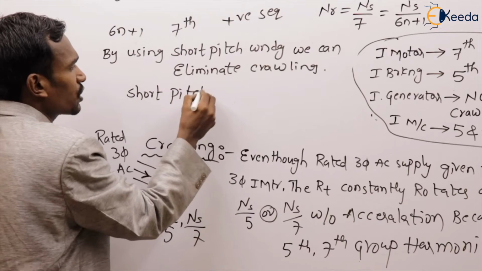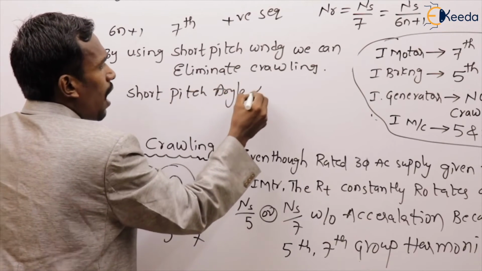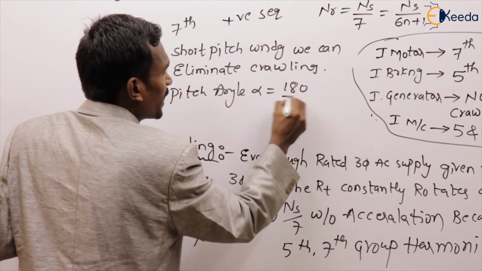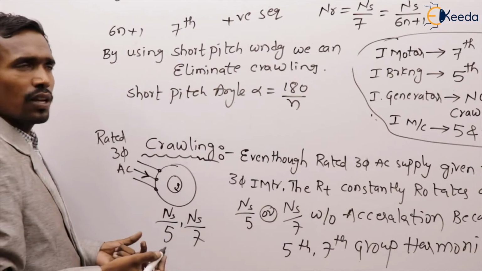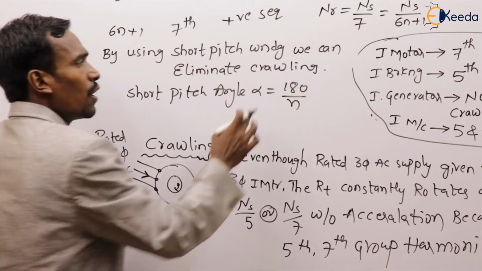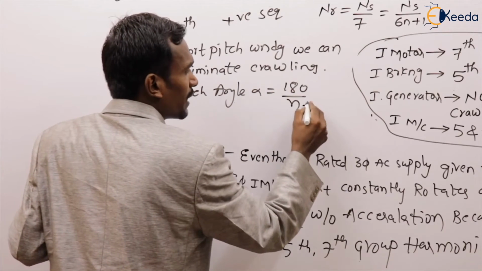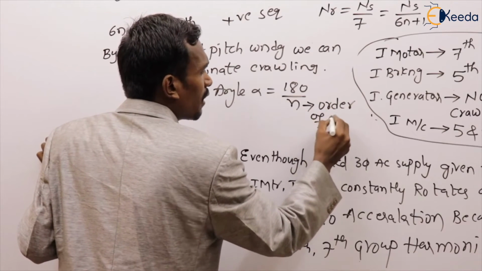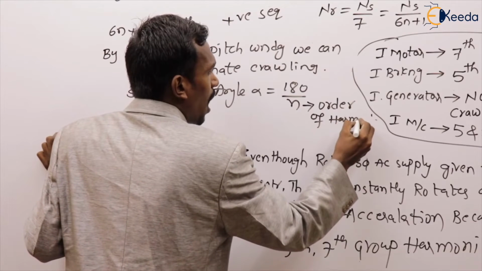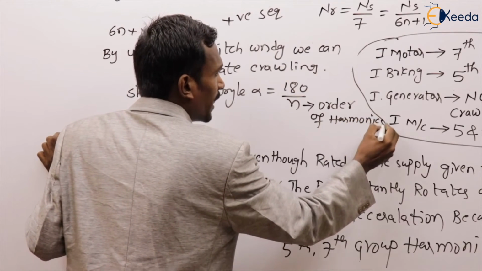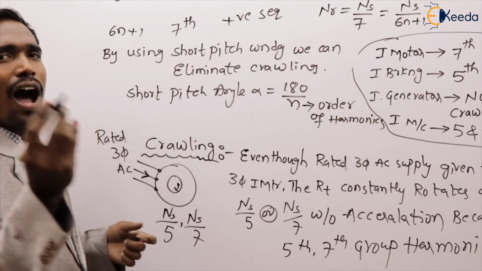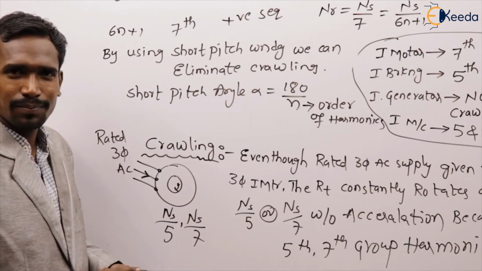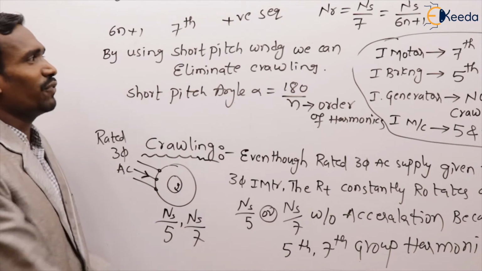Short pitch angle alpha is equal to 180 by n, where n is the order of harmonics. Okay? n is the order of harmonics.